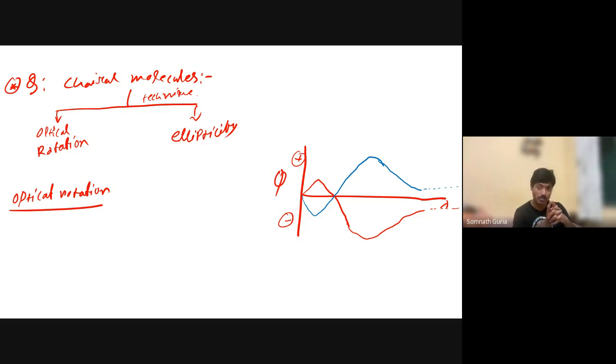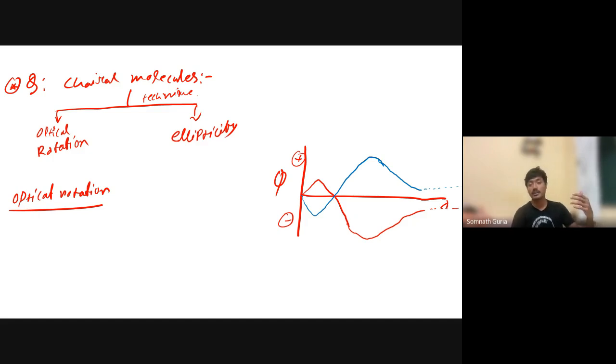Otherwise, it will show the cotton effect at one particular wavelength. After that wavelength, D glucose may show reverse optical rotation. That is, if it is showing clockwise rotation, then after the cotton effect, in the lower region, it will show negative optical rotation, that is anti-clockwise rotation. So it is very much sensitive towards the wavelength, as well as if we change the temperature.